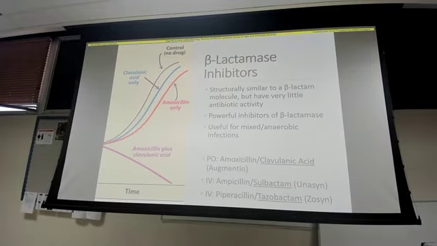I did want to talk to you about this. This is what I was just telling you in words. Let's say there was some bug in your body and there's no drug, so the bug continues to grow. If I just add in my beta-lactamase inhibitor, you see that I can decrease that growth, but not really. It doesn't really have antibacterial activity, so to speak.